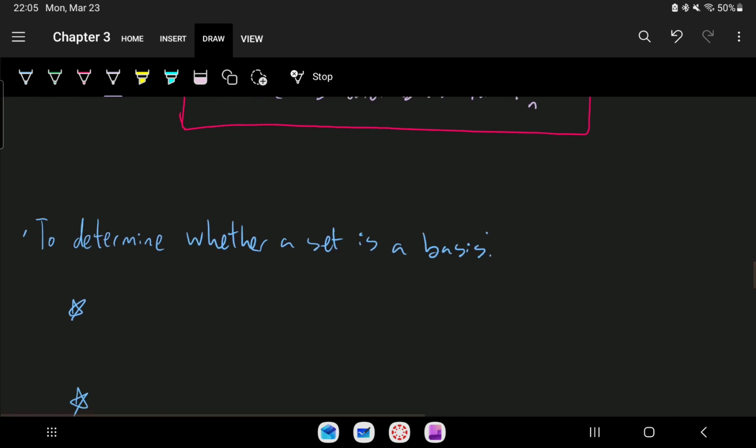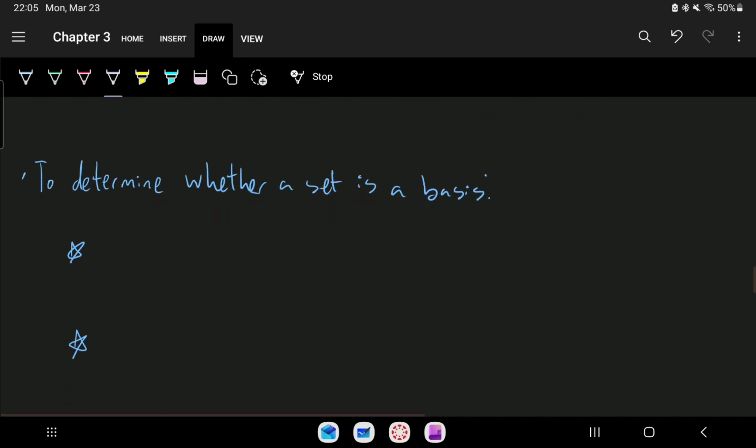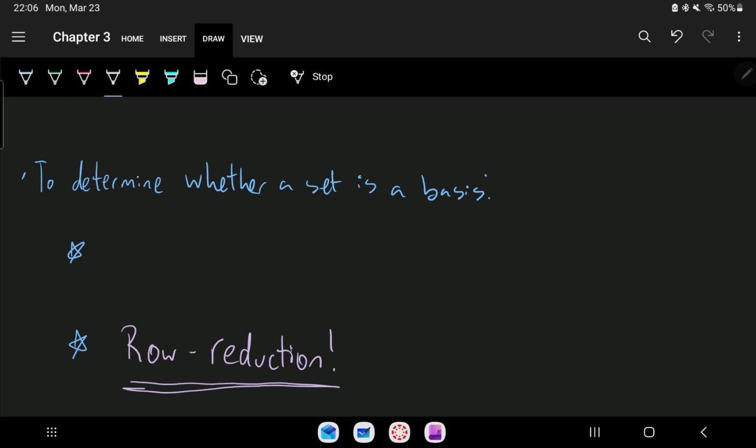So beyond that, now that we know what a basis is, we need to look at the practical aspect of how to determine whether a set is a basis. And I bet you, based on what we've done in these past videos, you can guess that it is going to have to do with row reduction. Yay!